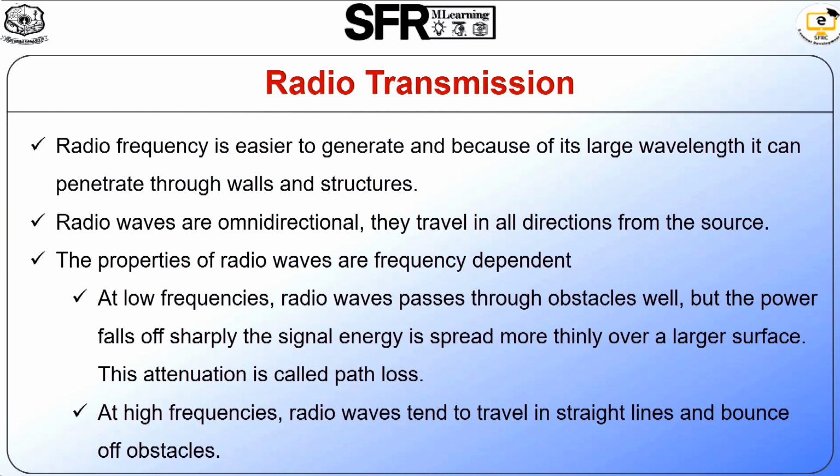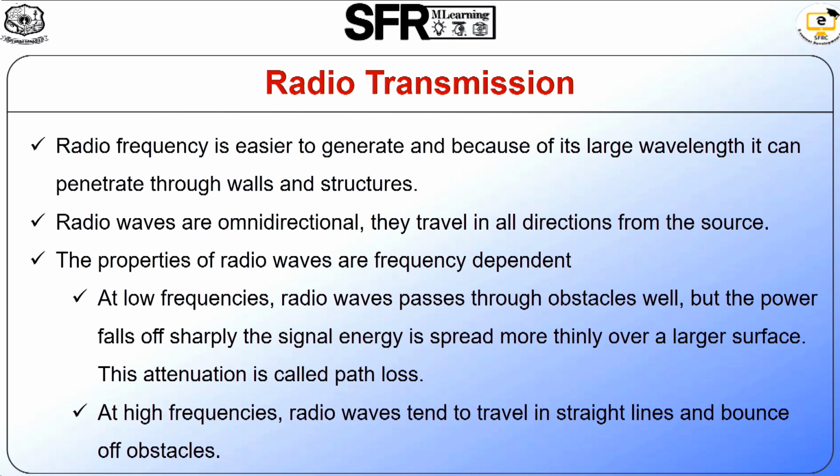One of the properties of radio waves is that they are frequency dependent. At low frequencies, radio waves pass through obstacles well, but the power falls off with the distance from the source in air, so the signal energy is spread more thinly over a larger surface. This attenuation is called path loss.